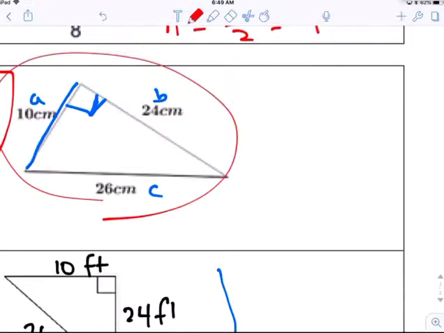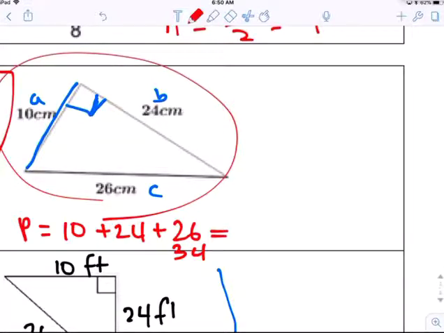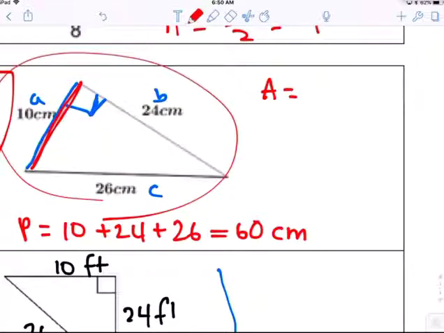Perimeter equals 10 plus 24 plus 26. We get 34 plus 26 is 60 centimeters. That's the perimeter. Area of a triangle is the base times the height, or length times the width.